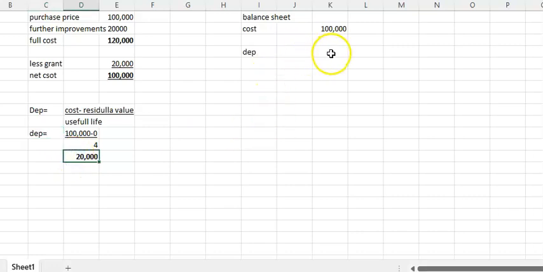So we put 25,000 there, and when we less that, we get 75,000 as our net value.